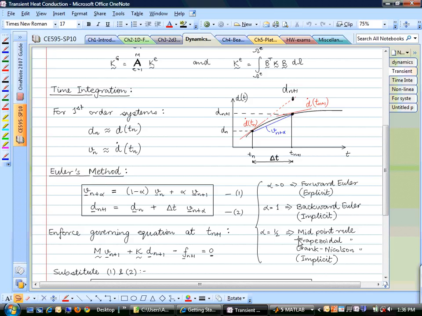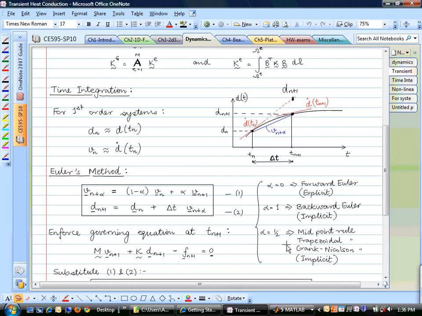And then there is the midpoint rule, which says that I'll take the average of the derivative at this point and the derivative at this point. And that actually turns out to be a much better approximation for the derivative. So what you get here is a second order accurate method.